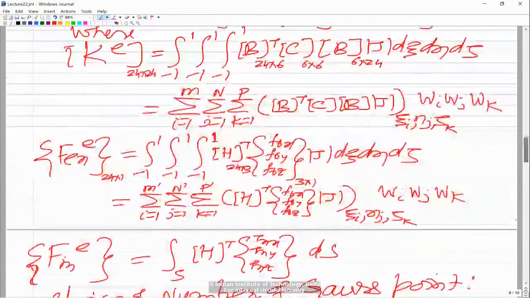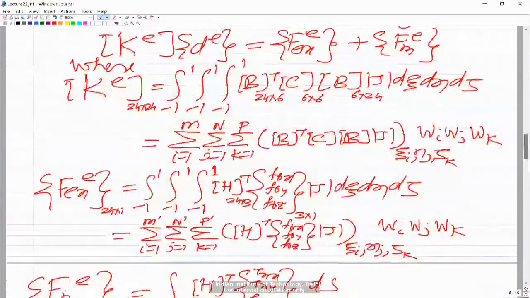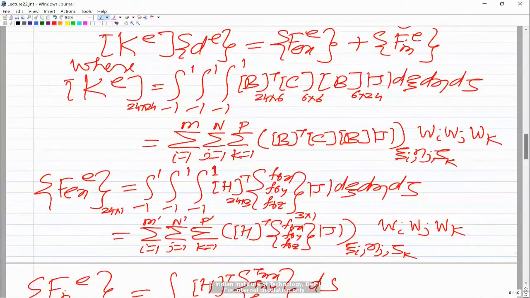Suppose let us say that the element is a cuboid, not necessarily a cube but a cuboid. That means the edges are perpendicular to each other, but the side lengths could be different. So that is known as a cuboid. And cube means the edges are perpendicular to each other and all the edges are of the same length. So then you call it a cube. And if the edges are not at right angles, then we call that a parallelepiped.